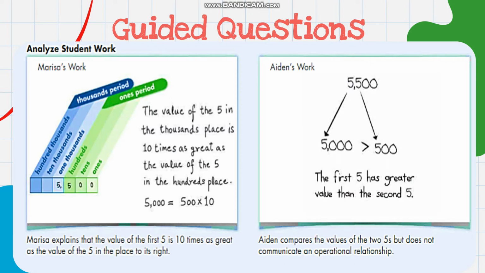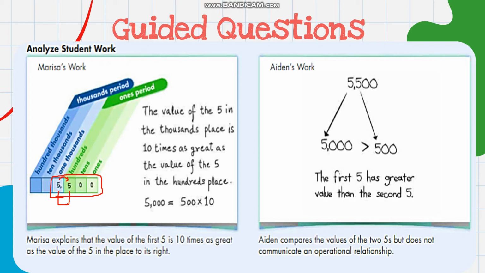Now, let's analyze this student's work based on that given problem. As you can see, the given is 5,500 and you're going to find the relationship between the first 5 and the second 5. Marisa explained that the value of the first 5 is 10 times as great as the value of the 5 in the place to its right.